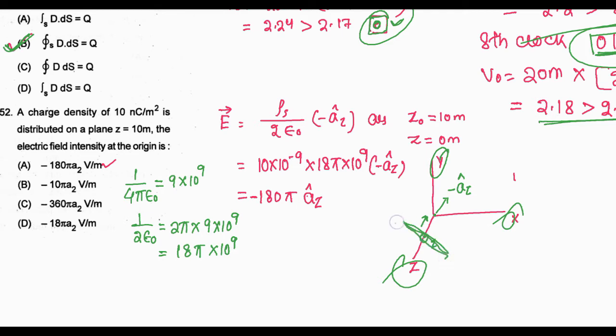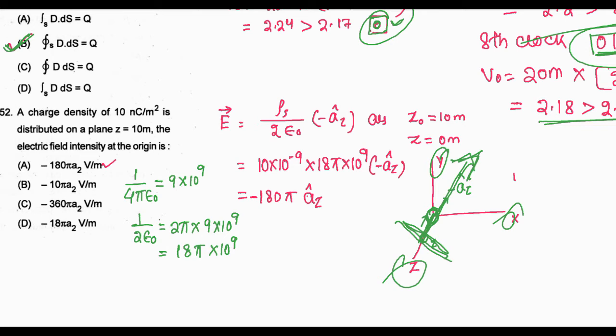Here is the plane at z is equal to 10 meter, and we have to find out here. The electric field vector will always be perpendicular to that surface, and on which side? On the negative side of z, because we are finding it at the origin, and this is the direction, that is minus az direction.